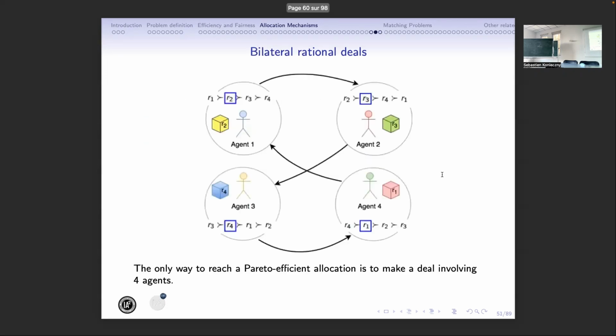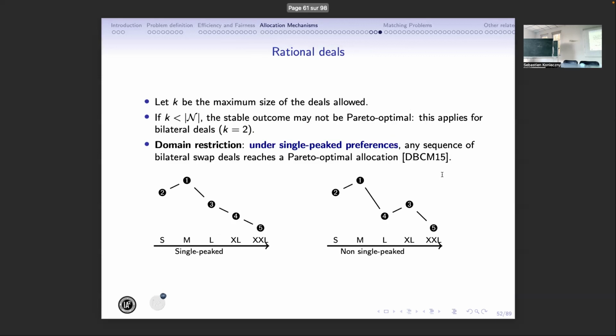So if we return here, we don't have single-peaked preferences, and we don't have the guarantee of Pareto optimality, but we can have the guarantee of Pareto optimality if the preferences among the resources are single-peaked. And we have a proof of maximality of the domain restriction.